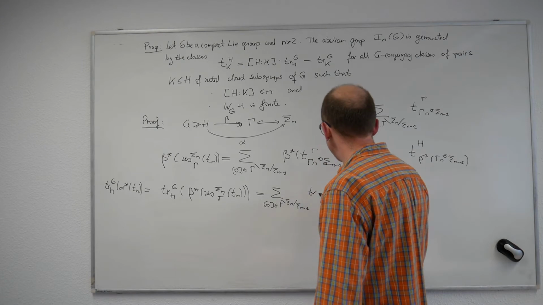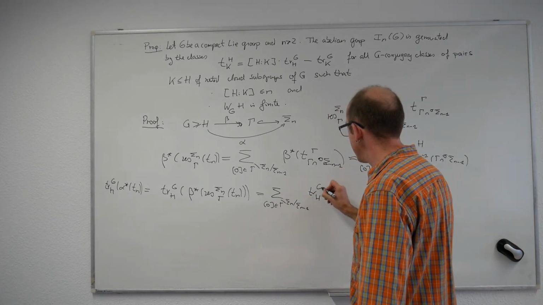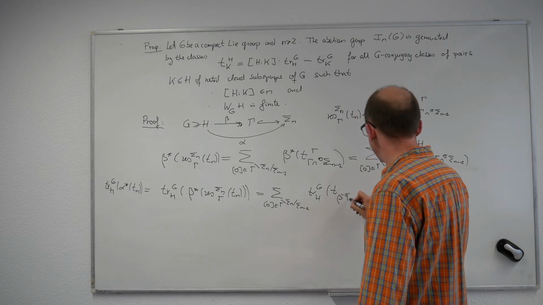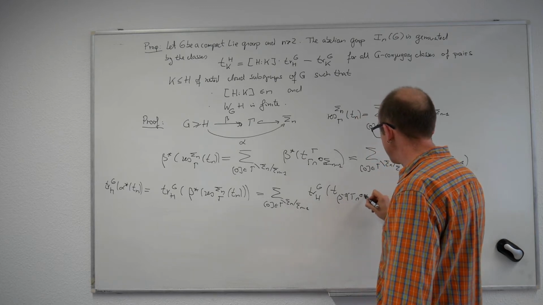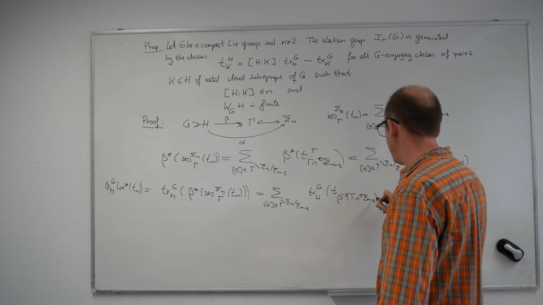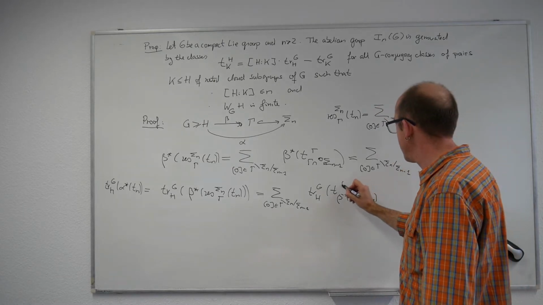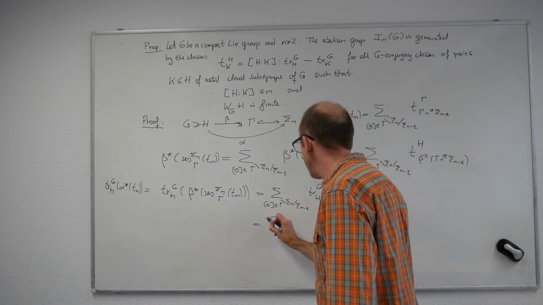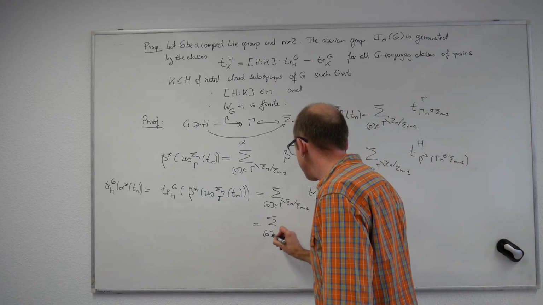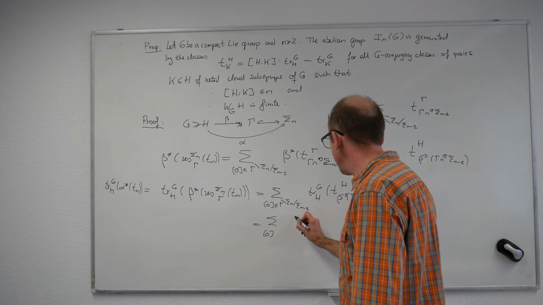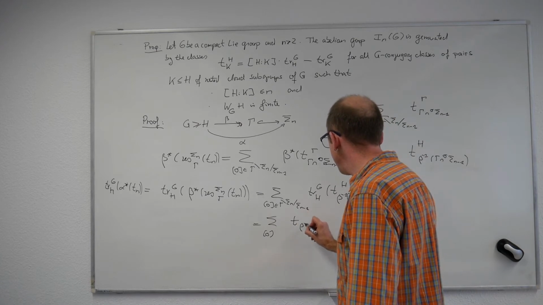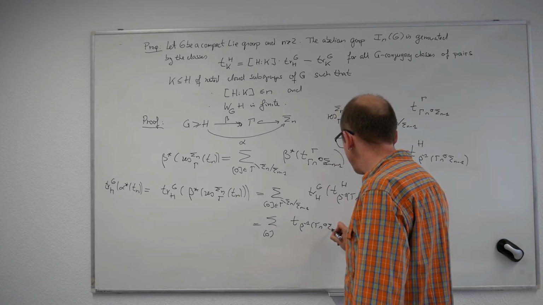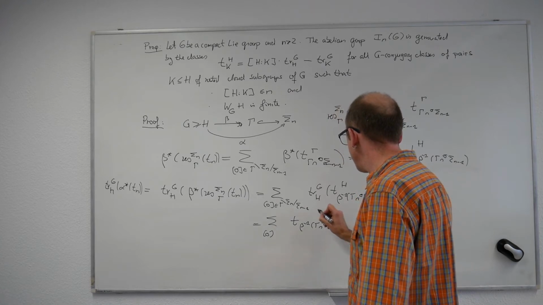And then the transfer from H to G of T beta inverse of gamma intersected the sigma conjugate of n minus 1 up to h. And now this is the same as, again, a sum over double coset representatives, and then just t from beta inverse of gamma intersected the conjugate of sigma n minus 1 to h.